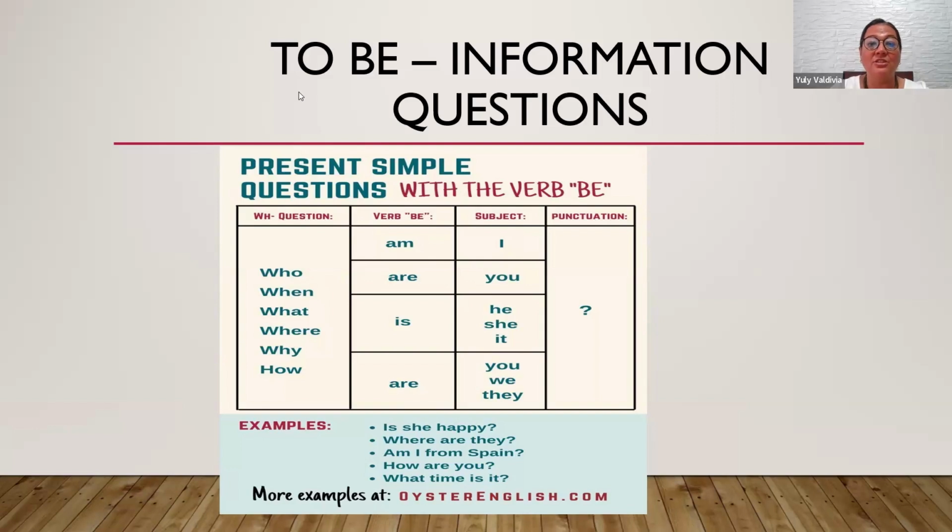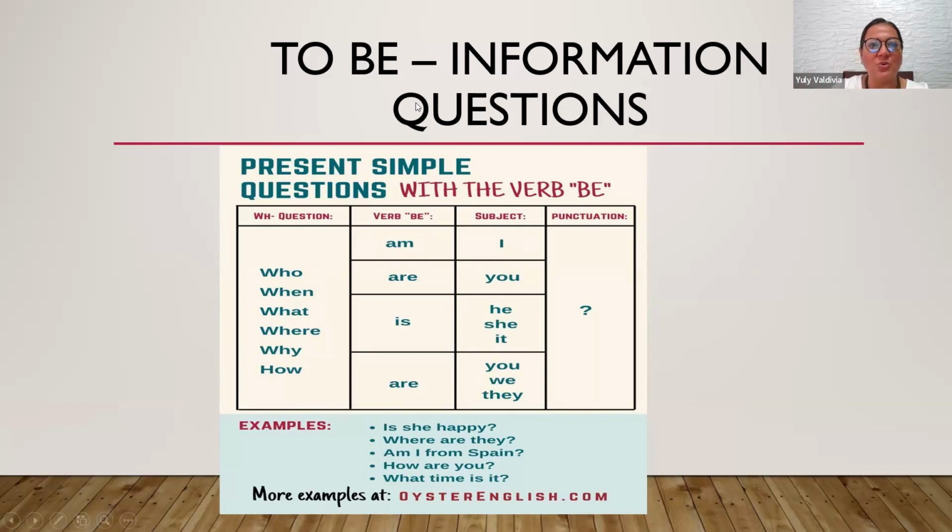Let's continue. Let's go back to the revision for this class. Okay, so those were what we call yes, no questions. ¿Estás cansado? Are you tired? Yes, I am. Those are easy peasy lemon squeezy. But what about information questions?